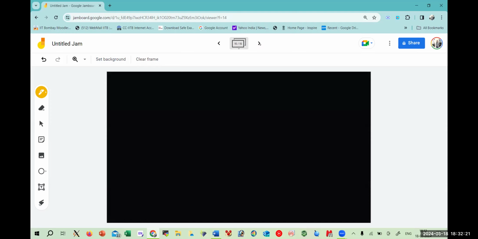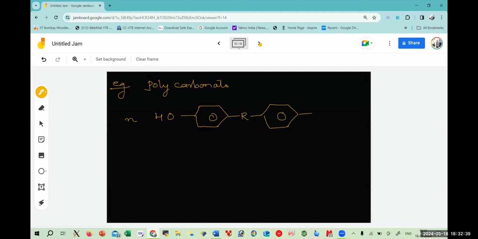And if you want to form a polycarbonate, polycarbonates can be made as follows. We are taking diol, R is any number of carbon, plus you are taking Cl, double bond O, your phosgene, or acid fluoride, diacid fluoride.